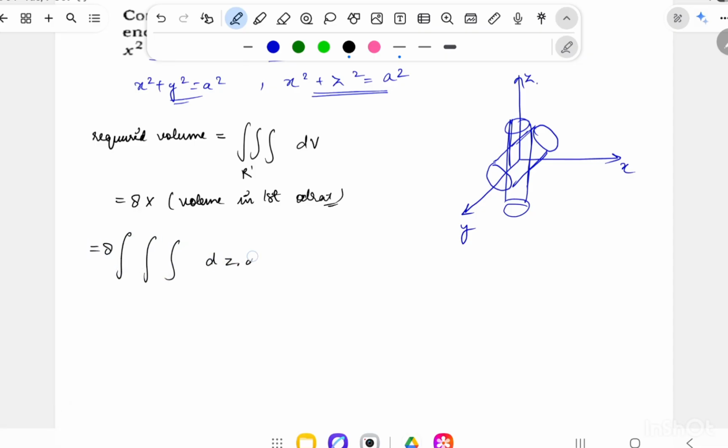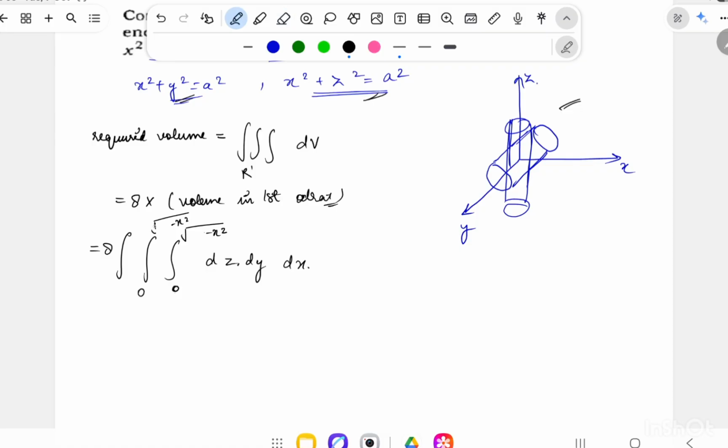So it will be equals to 8 times integration dz, dy and dx. Now from this equation you can see that z varies, in the first quadrant, from 0 to under root a square minus x square. Likewise y will be in between 0 to under root a square minus x square. Now in the question they have specifically given a square as 9, so we need to write that.